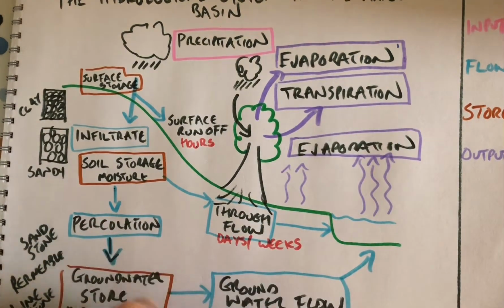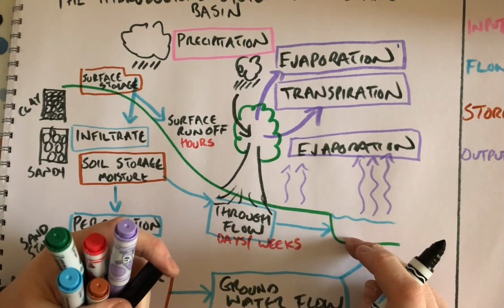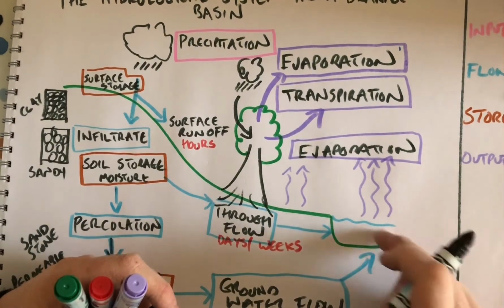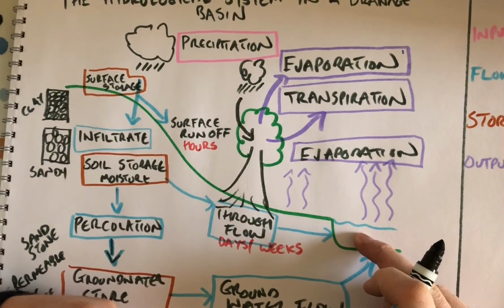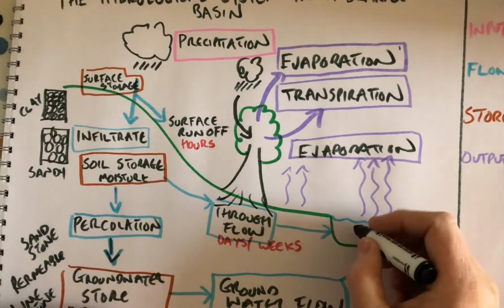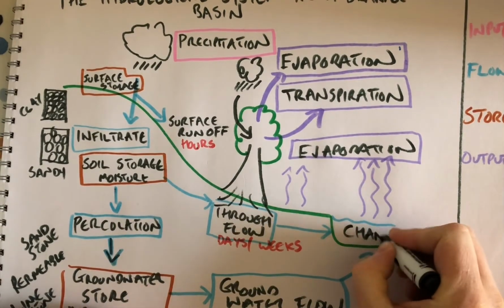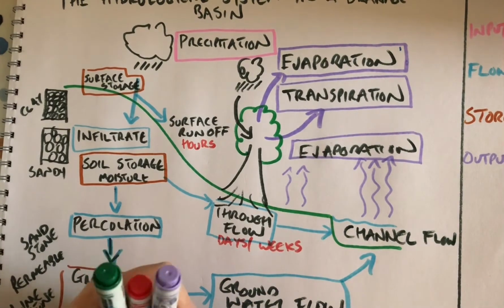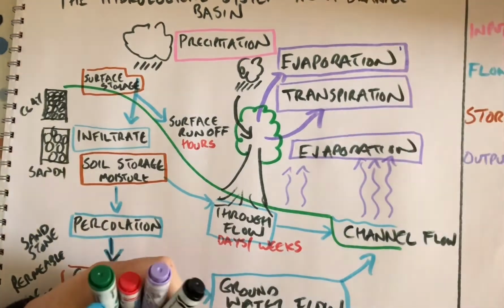What we're left with is the water that does go into the river, either flowing along the surface of the soil and landing in the river, or flowing through the soil itself, or flowing through the ground and entering the river, and it ends up as what's called channel flow. That'll just be the water flowing out to the sea.